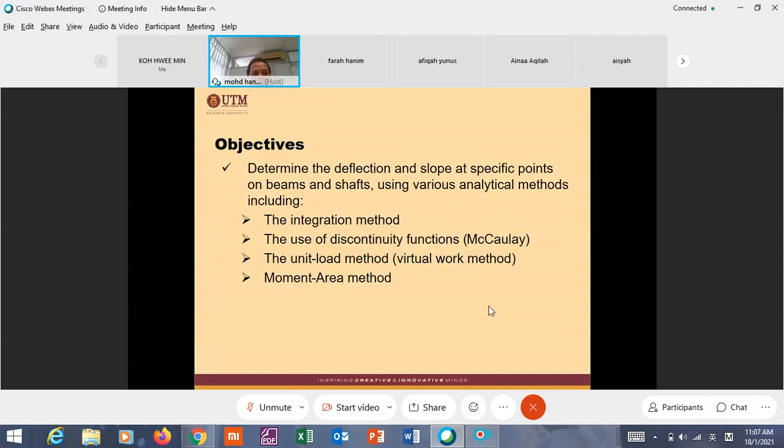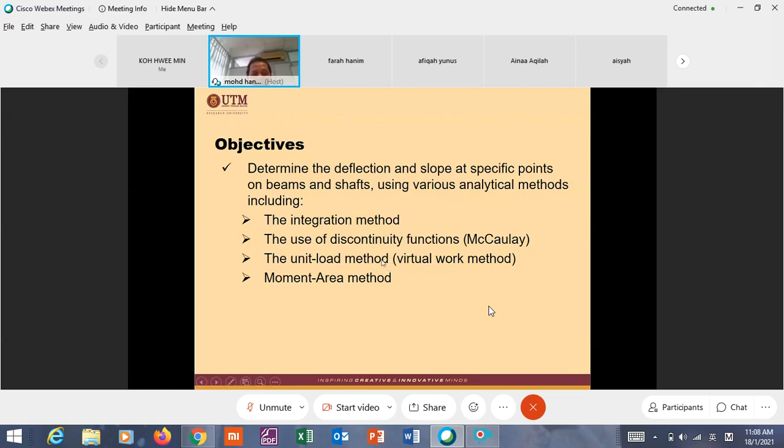Okay, so there are basically four methods of calculation. Integration method, the use of discontinuity function or Macaulay method, which is actually a modification of the integration method. We have another method, the virtual work method or unit load method, which we have done in truss deflection.